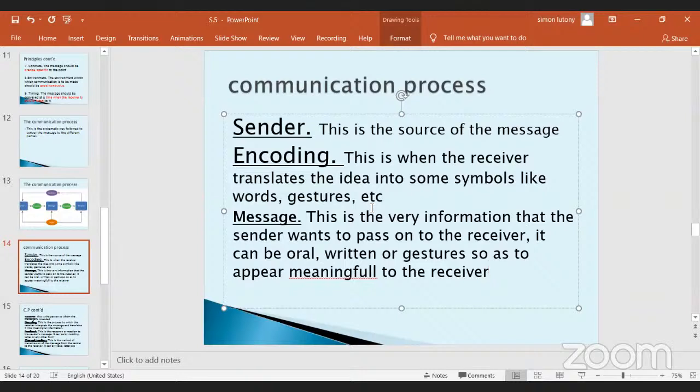Daniela, can you see the screen now? Yes, I can. Okay, so it is down there. You read for me what you are seeing under message.